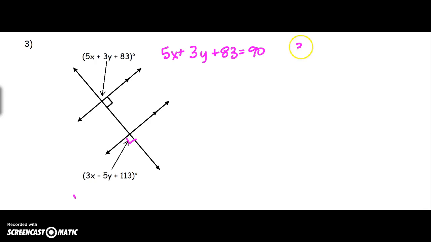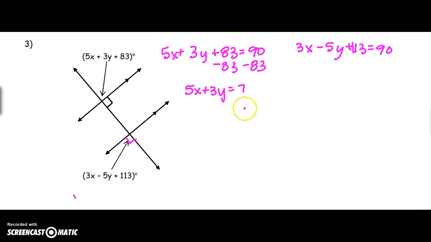So we have to first figure out what equations we're going to be using. Remember, we want X and Y on one side, and then you would subtract 83 on this side. So you have 90 minus 83, which gives you 7. So one of your equations is 5x plus 3y is equal to 7.